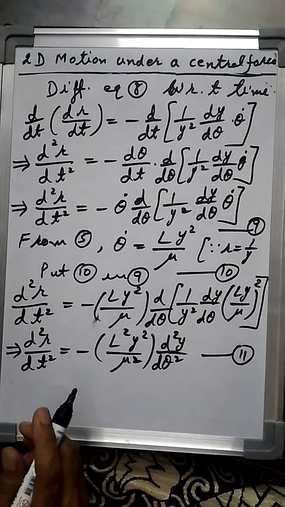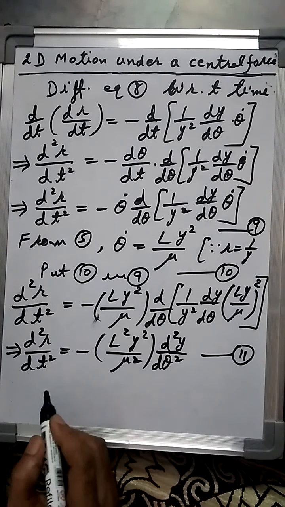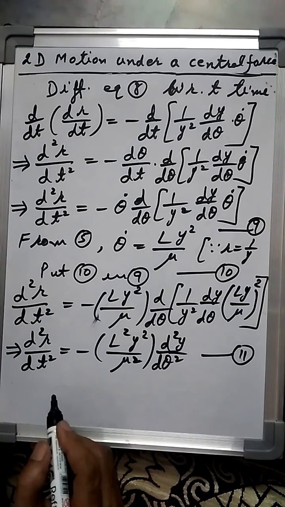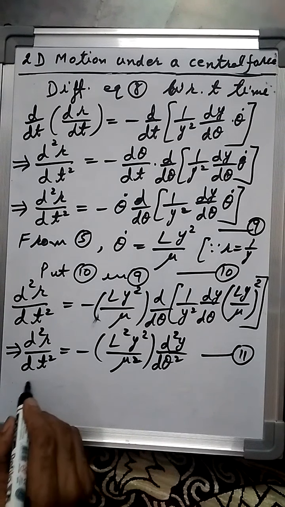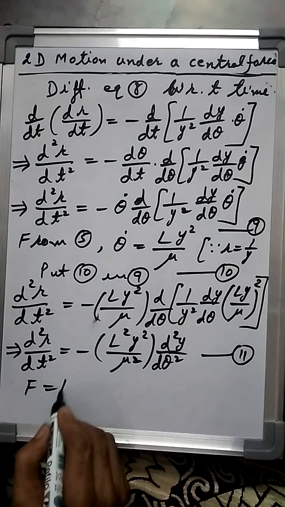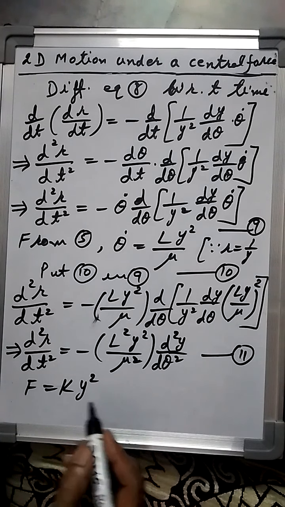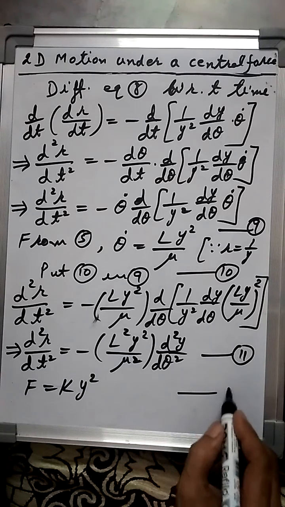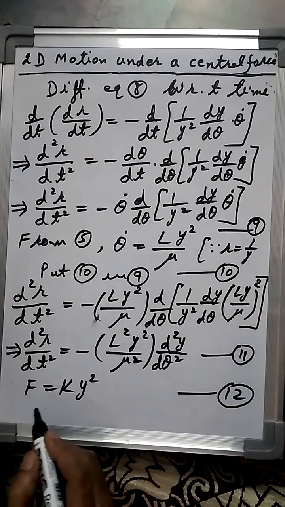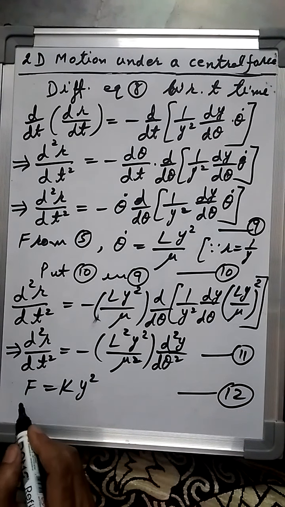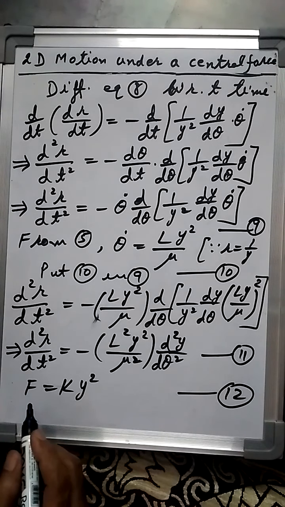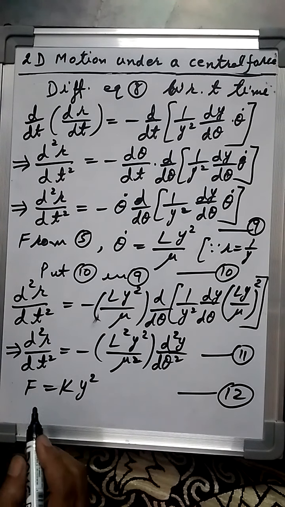Now from equation number 1 I can write F is equal to k y square, just using r is equal to 1 upon y. Equation number 12. Now we shall put various values in equation number 6.